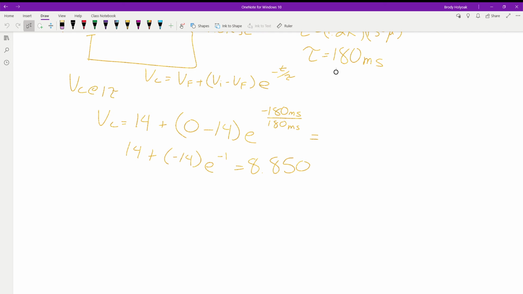Okay? So now, we're going to shift. Now that we've got it at 1 tau, we want to know what's my capacitor charged to when we get 2 tau. So we're going to take this equation, and the exponent becomes negative 2.